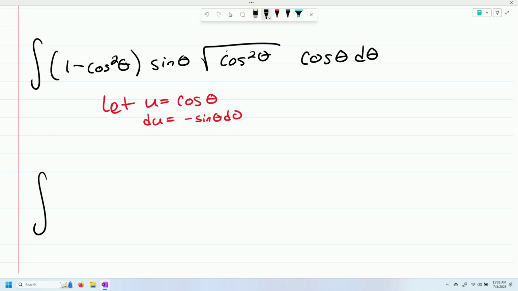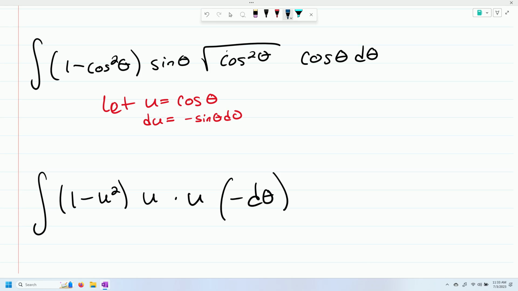So this is nothing more than just 1 minus u squared times the square root of u squared, which is u, times u times negative d theta. Let me write it like this. So here's what's happening.